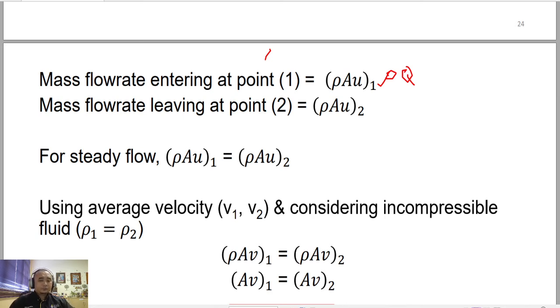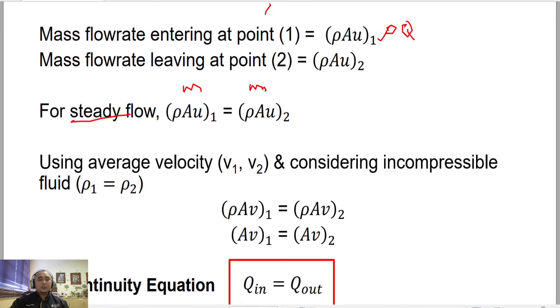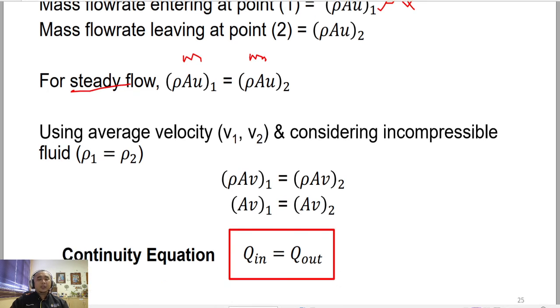Kemudian, so kita tahu since kita punya flow adalah steady flow, and mass in is equal to mass out. Okay. Using average velocity V1, V2 and consider incompressible fluid. So, sekarang kita punya V adalah V average, jadi V1 dan V2 nilainya sama. Sama juga dengan density.